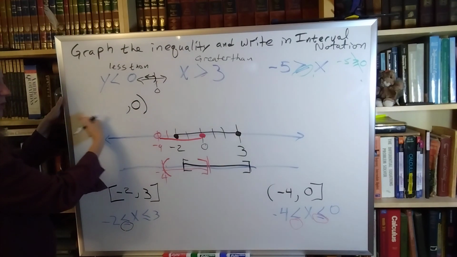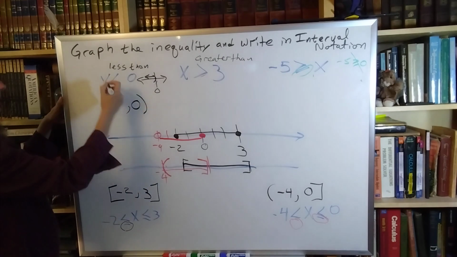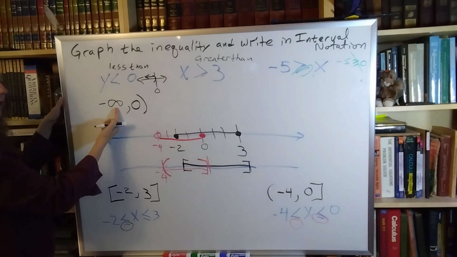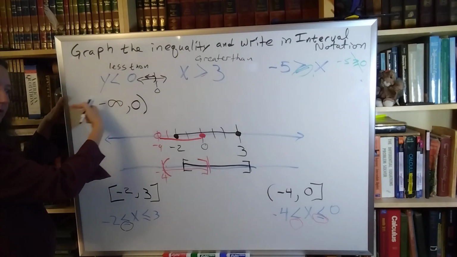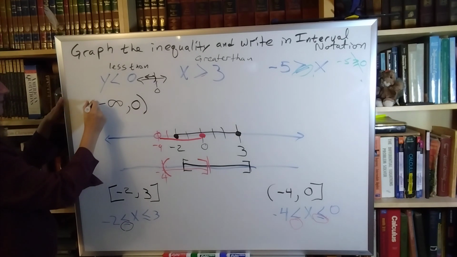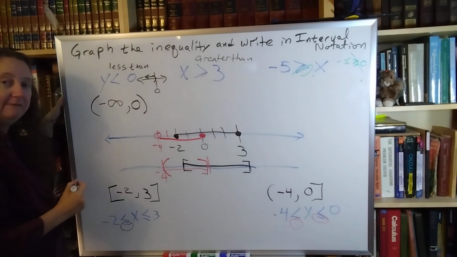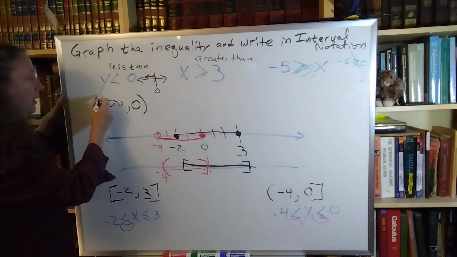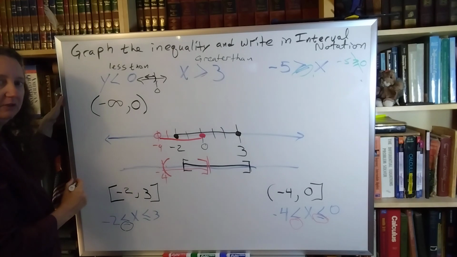But what do I put over here? It just kept going and going and going. So if we do that, it keeps going all the way to infinity, but since it's going in that direction, it's going to negative numbers, it's going to negative infinity. Infinity, no matter whether it's negative or positive, always gets the round parentheses.